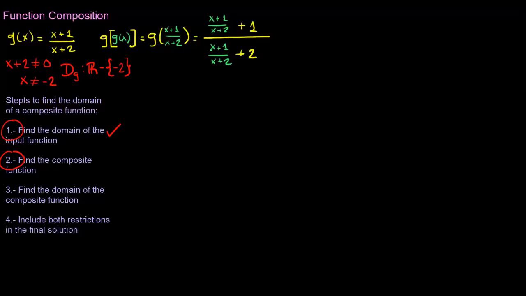Okay, so let's continue now. In order to get along with this expression, I'm going to have to do this algebra here to add these rational expressions. So I will have to multiply, in this case, the 1 in the denominator by this x plus 2.